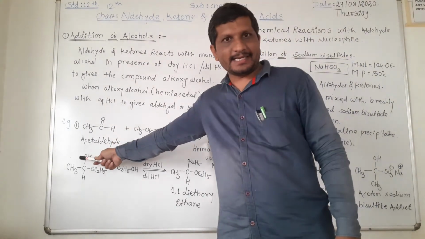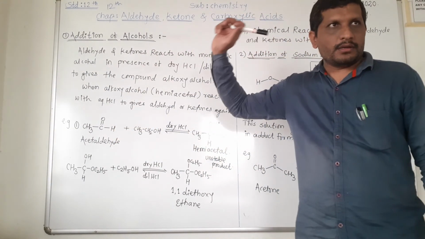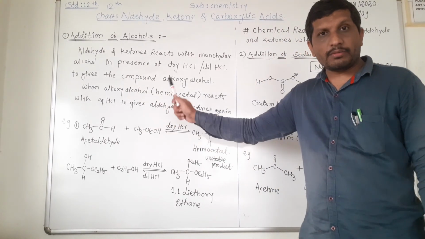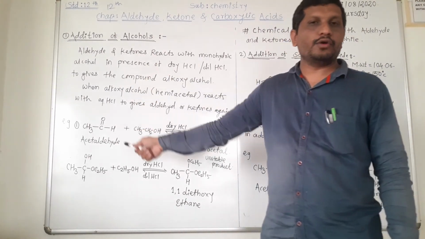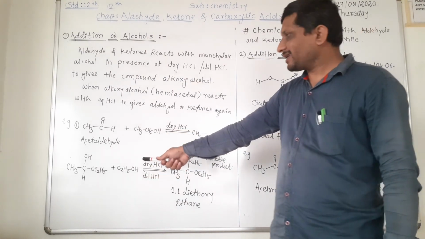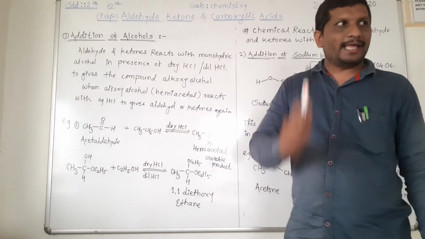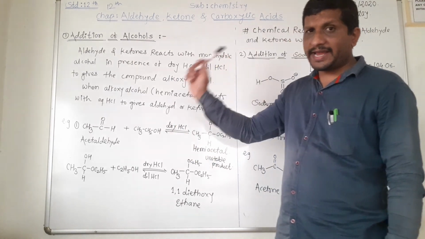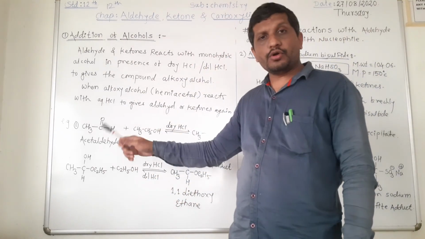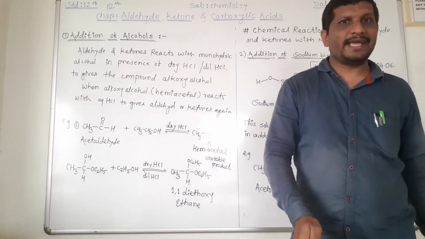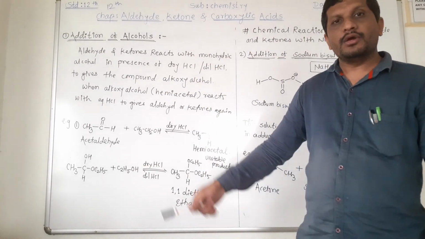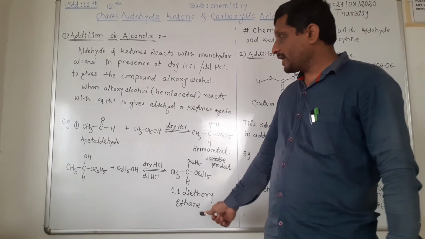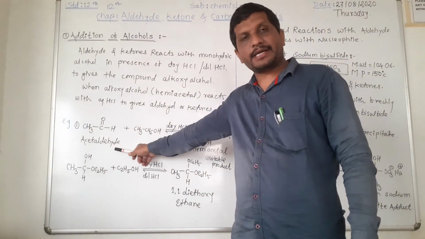Now first, acetaldehyde reacts with monohydric alcohol in presence of dry hydrochloric acid and dilute hydrochloric acid to give the hemiacetal, and this hemiacetal is a very unstable product. It again reacts with monohydric alcohol in presence of dry HCl and dilute HCl to give the product 1,1-diethoxyethane when the acetaldehyde reactant is used.